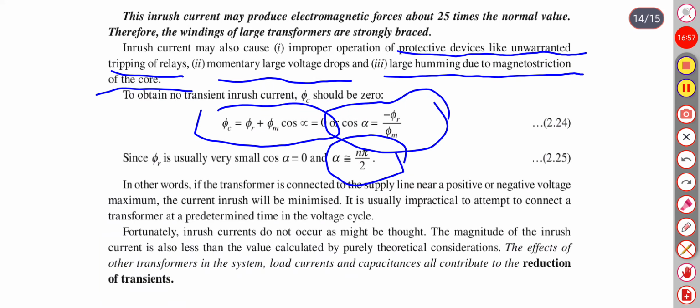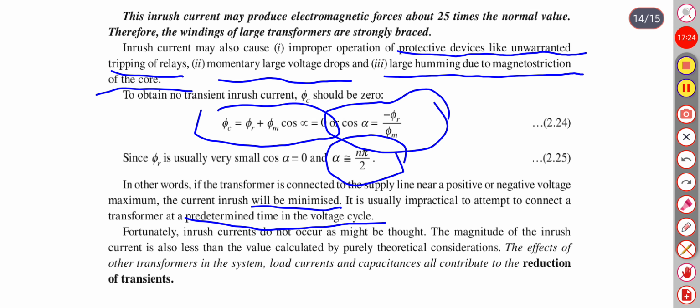In other words, if the transformer is connected to the supply line near a positive or negative voltage maximum, the current inrush will be minimized. It is usually impractical to attempt to connect a transformer at a predetermined time in the voltage cycle. This is the game of milliseconds, so it is not possible.